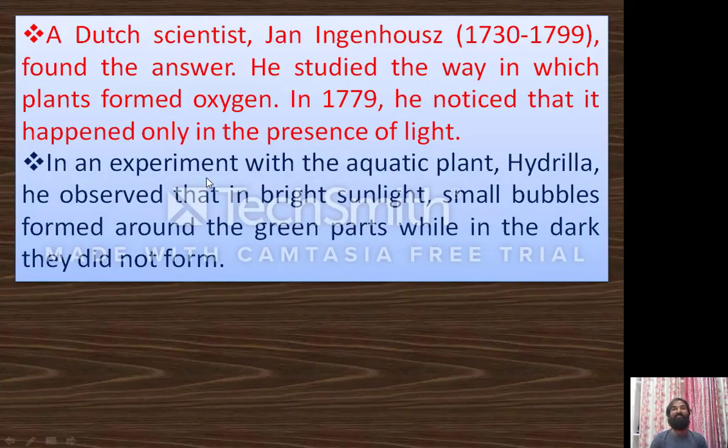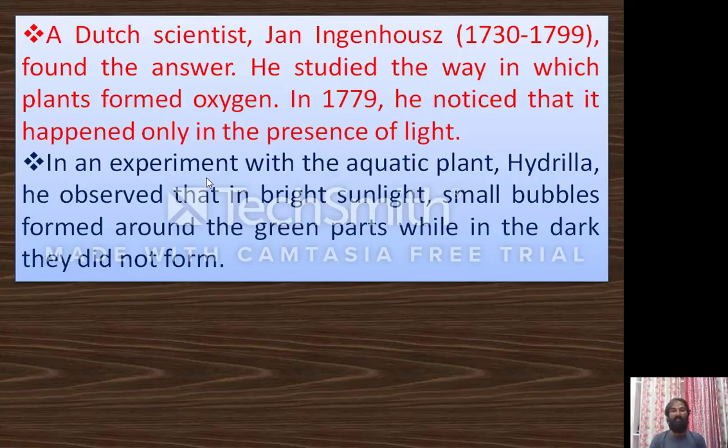In his experiment, he used aquatic plants like Hydrilla or Elodea. These two are submerged aquatic plants. Submerged means the plants are completely in contact with the water. That's why they are called submerged aquatic plants.